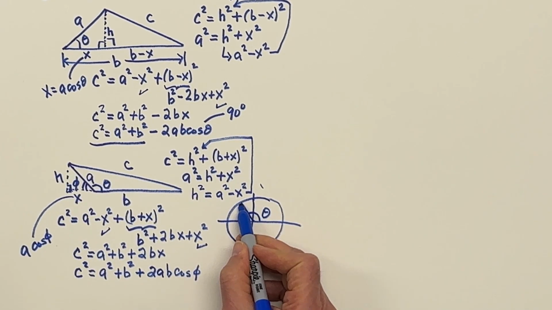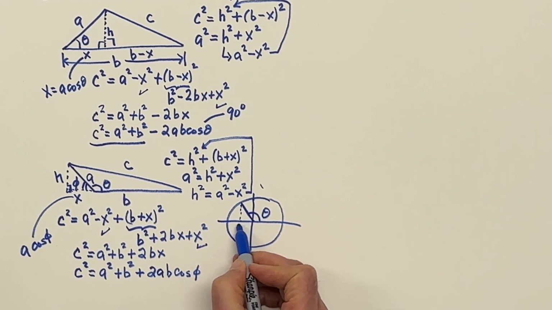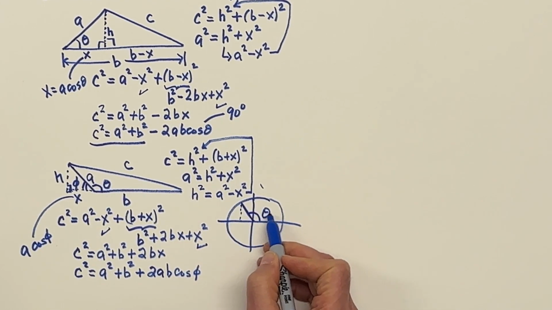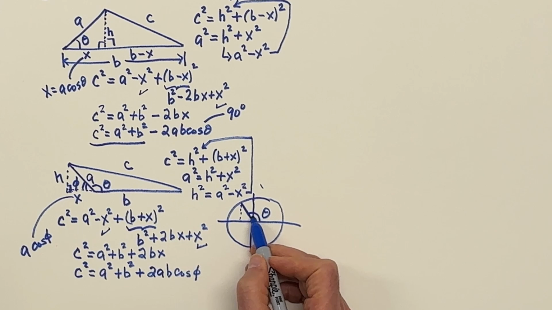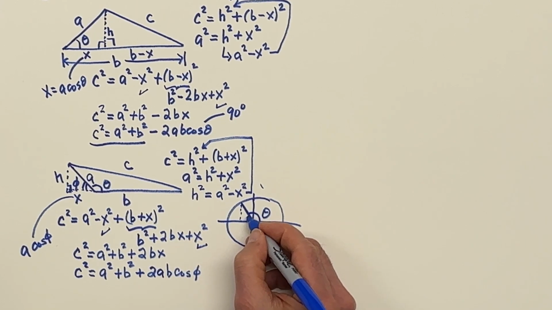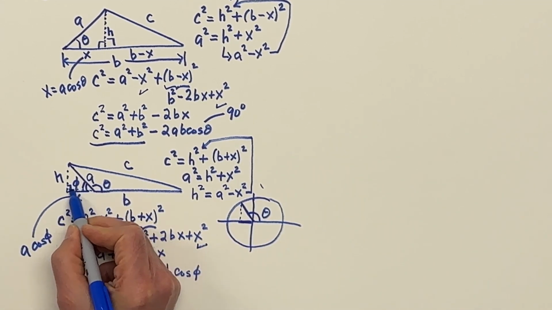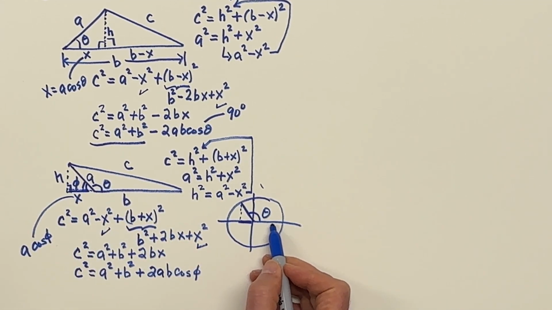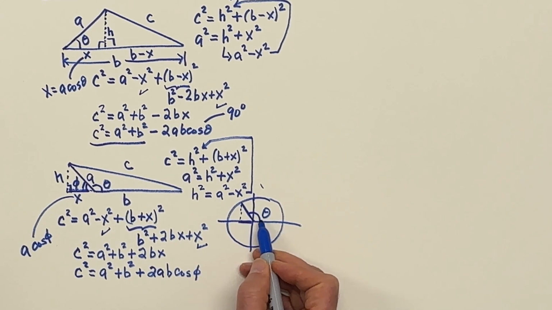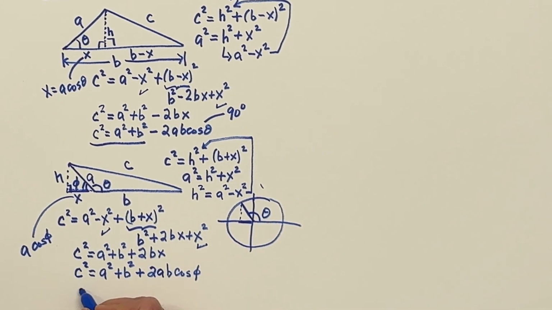See, that cosine is going to be negative when you work at the angle that large. But see, if you had this small angle in here, which is phi, this is the same distance as here. It's just that when you're doing the cosine of the bigger angle, it's going to be minus that. So that's going to be c squared equals a squared plus b squared minus 2ab cosine of theta.